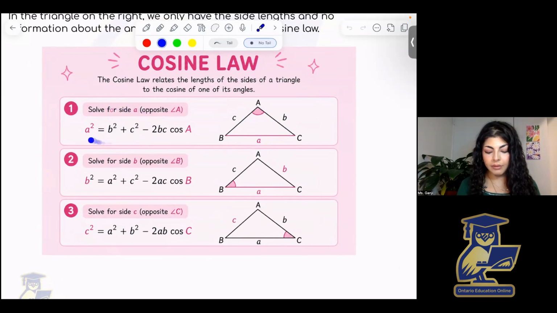This might remind you of the Pythagorean theorem. And then we subtract 2BC, which is again the two side lengths that we are given, and cosine of that angle. If we evaluate the right-hand side, we can take the square root to find A.